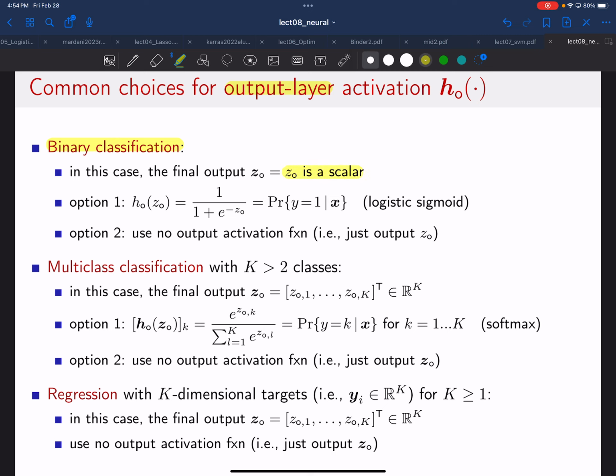And as we know, one thing we could do is take that scalar z and put it through a logistic sigmoid. If we do that, what we get we can interpret as a probability. That's essentially what our logistic model does; it converts this z to a probability.